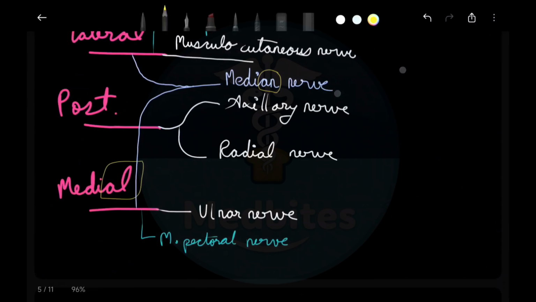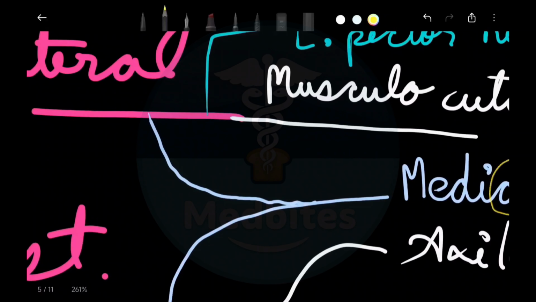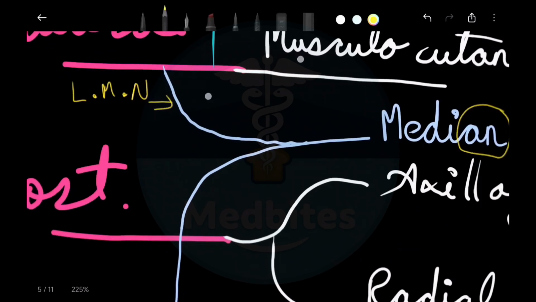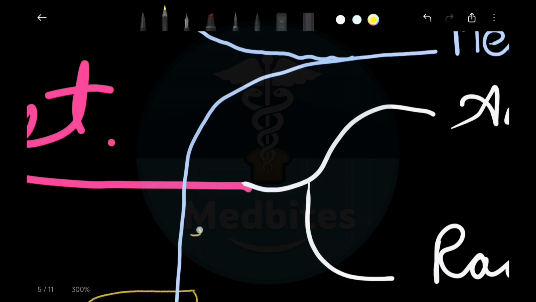Here is an A-N, here is an A-L. I hope you know what is medial and median. This branch is the lateral branch of the median nerve, and this is the medial branch of the median nerve.